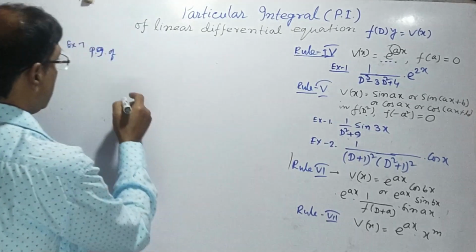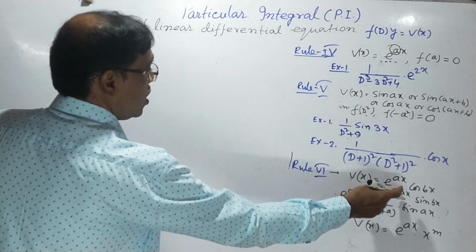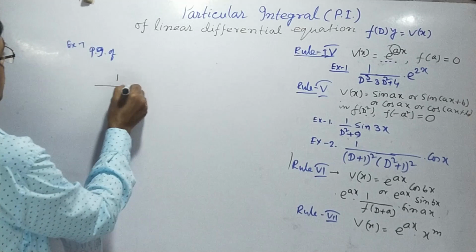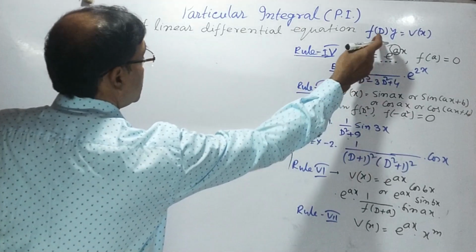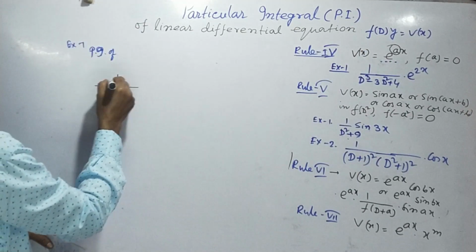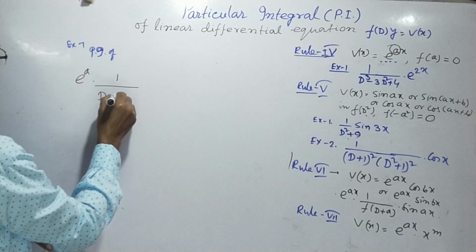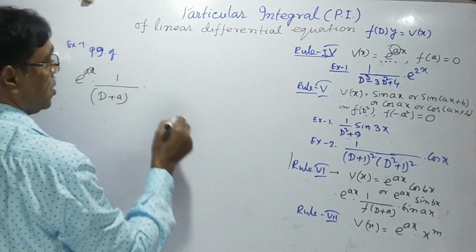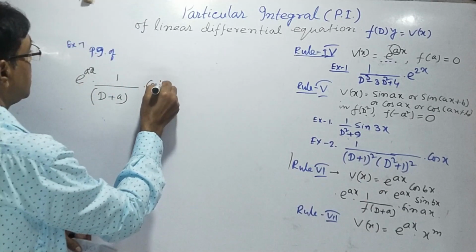Rule 6: Vx equals e to the power ax cos bx or sin bx, form 1 by f of d, e to the power ax, we put d plus a into cos of bx.